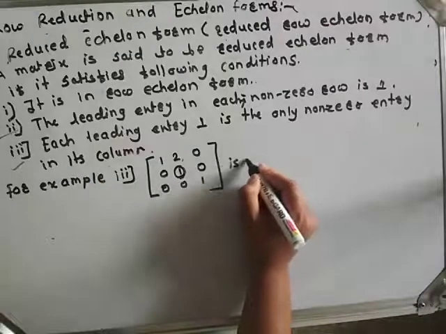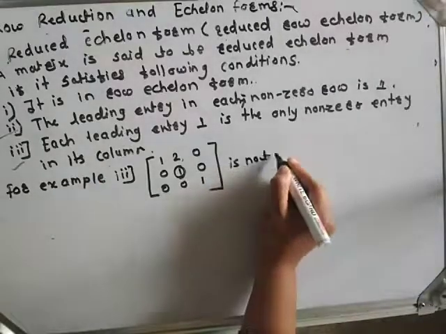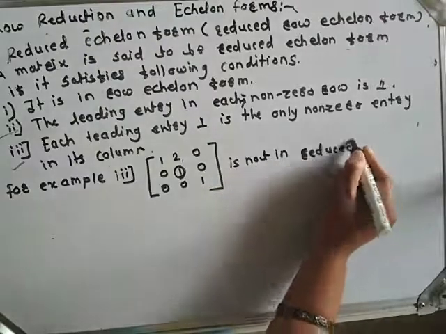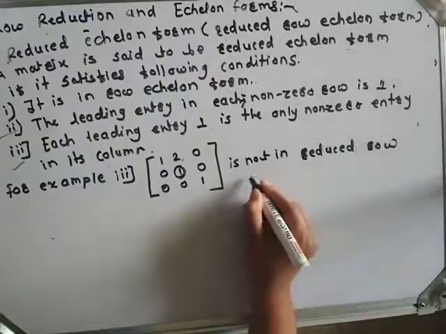Therefore this matrix is not in reduced row echelon form.